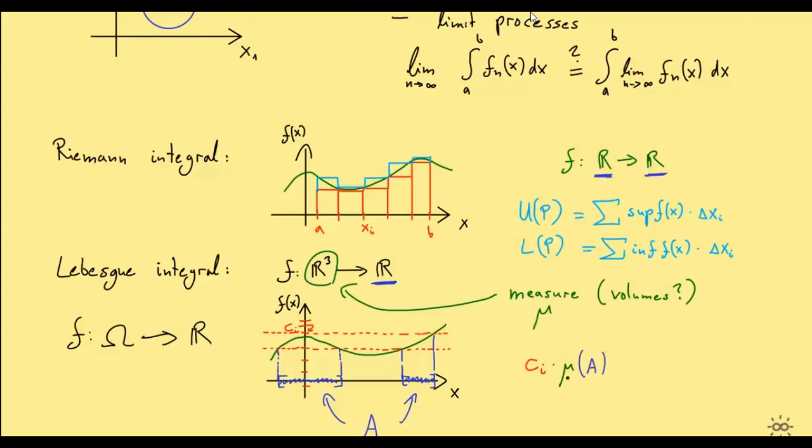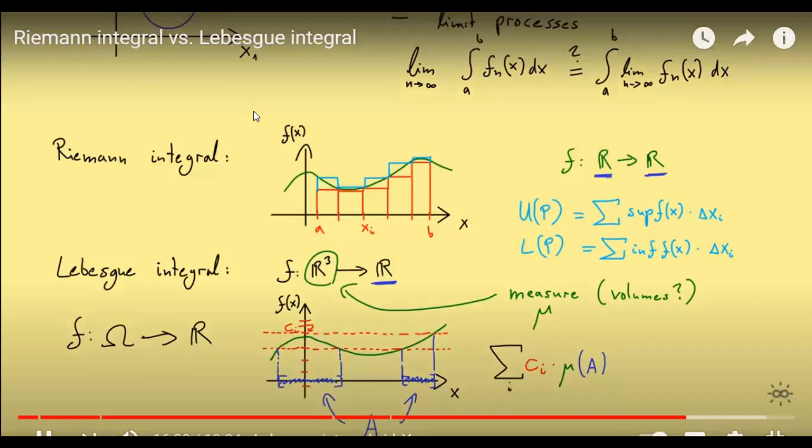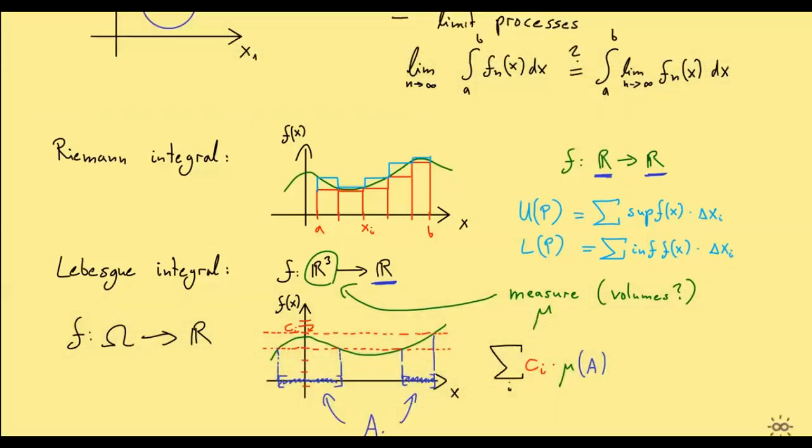Now we have one part of the whole integral, and now we can do this for the whole partition. So we have a finite sum over i. Of course I should put an index i for A for the pre-image as well, and then we have a sum. And since we chose a finite partition of the y-axis, we have a finite sum here. And it is the upper sum or the lower sum, depending on which c_i we chose here.